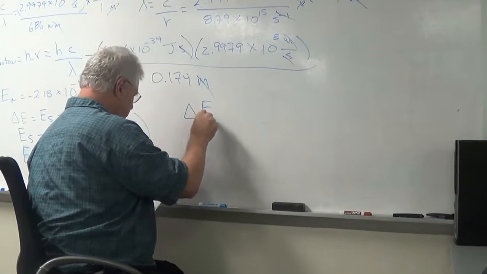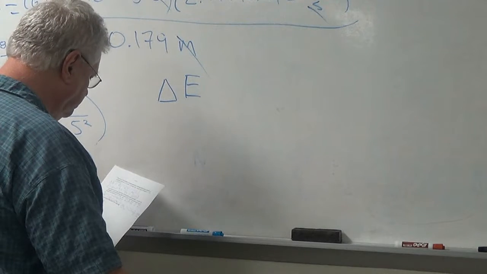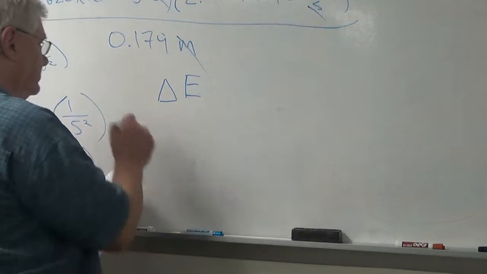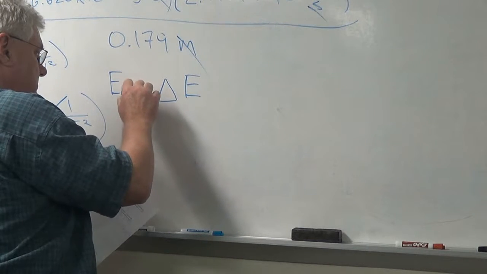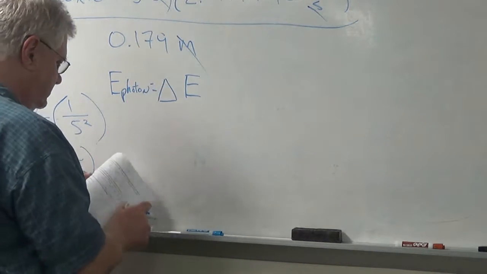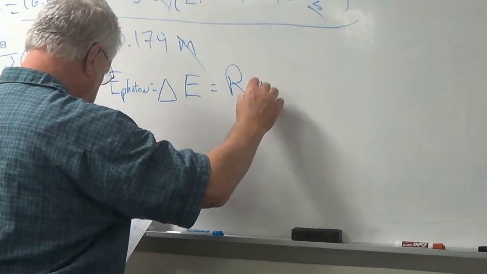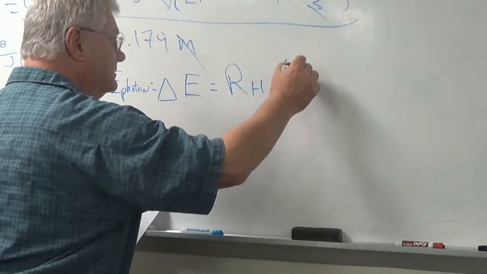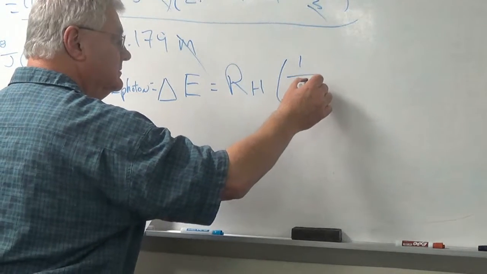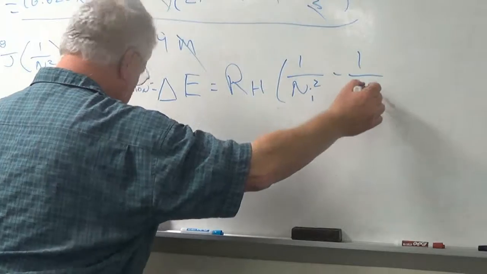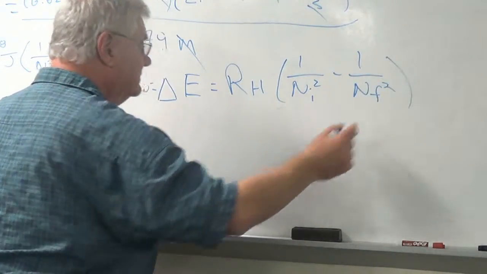This change in energy, which is the energy of the photon, is equal to the Rydberg constant times 1 over the initial quantum number squared minus 1 over the final quantum number squared.